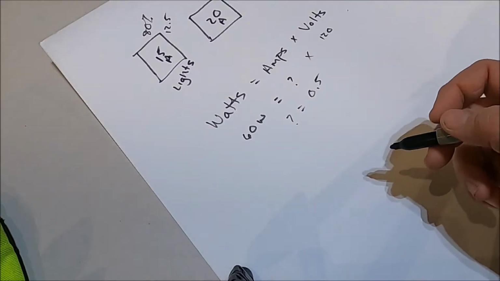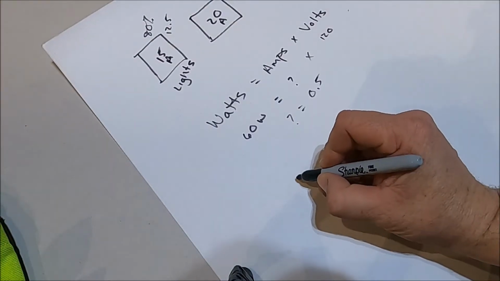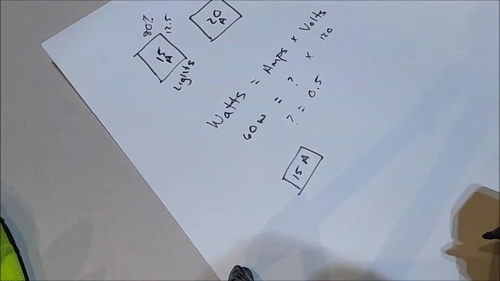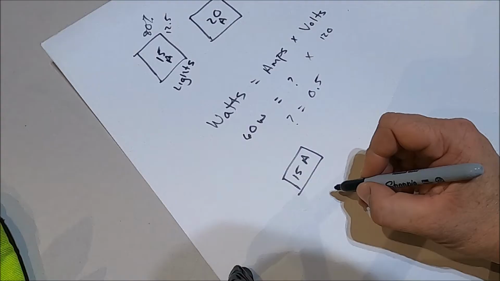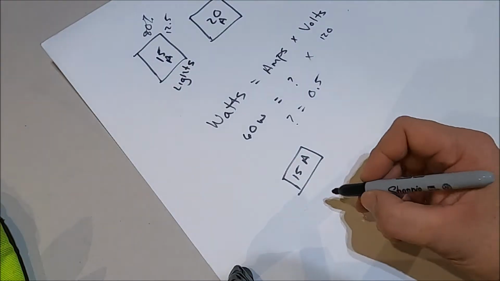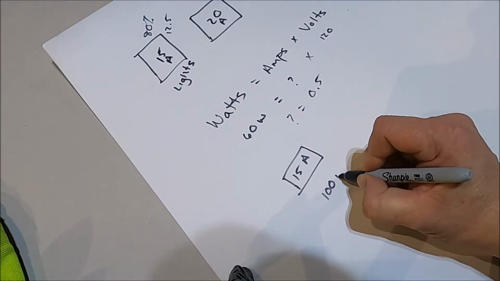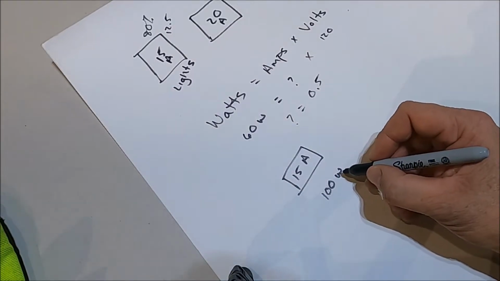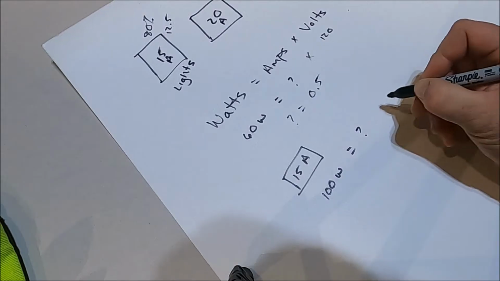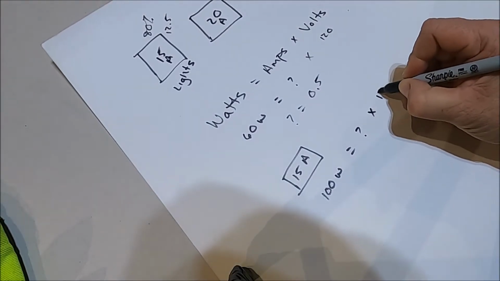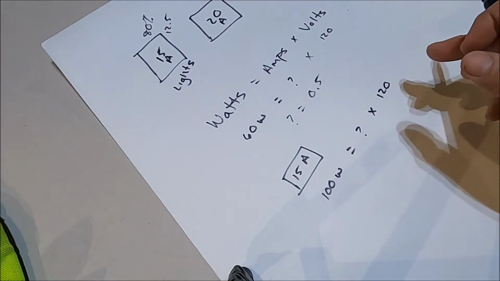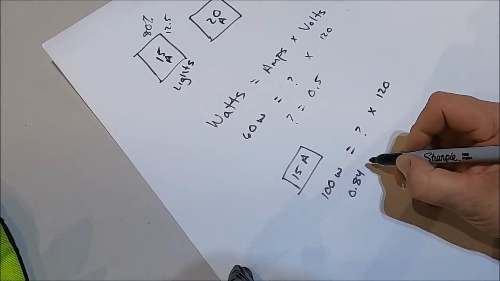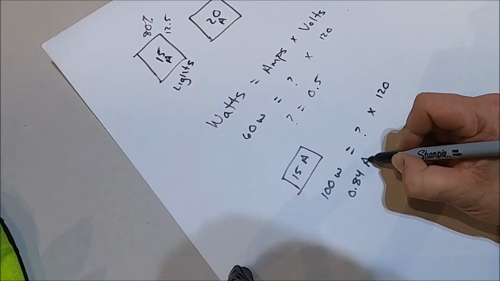So for my lights, I'm going to be using a 15 amp circuit, and I have light fixtures that are 100 watts, they're LEDs, but they're like a 300 watt equivalent. So 100 watts equals, I don't know how many amps, but I know that it's on a 120 volt system. So each one of these lights is going to draw about 0.84 amps.